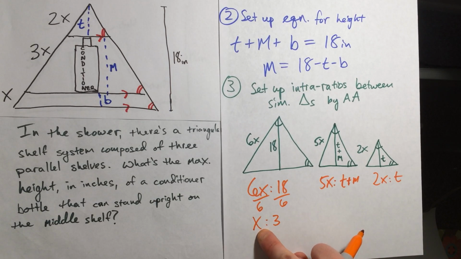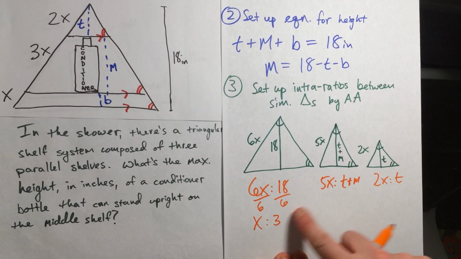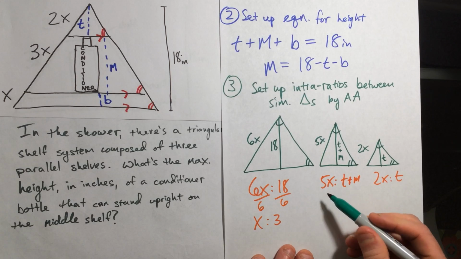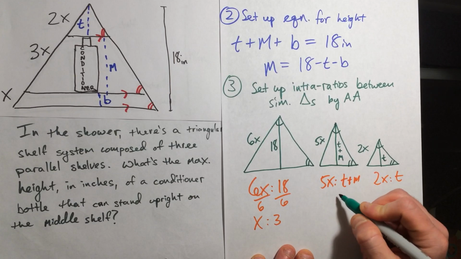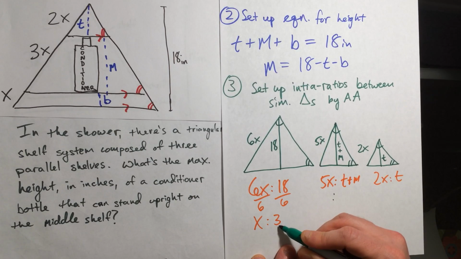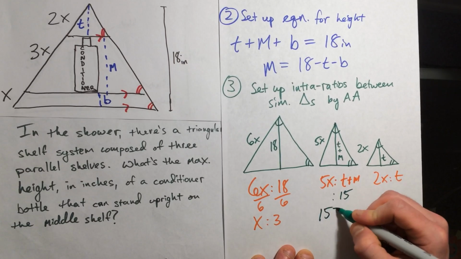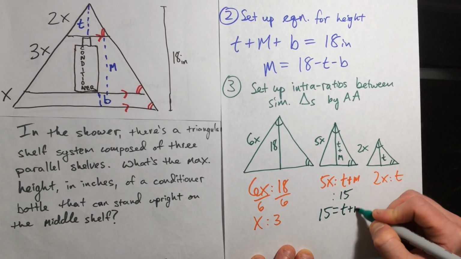Well, how many x do we have here? If we have 5x, we should be generating 3 height for every x, so we should be at 15 here. And that means that 15 equals T plus M.